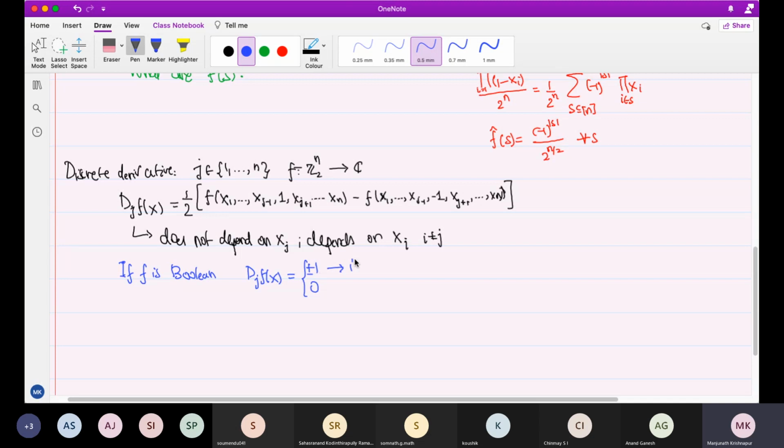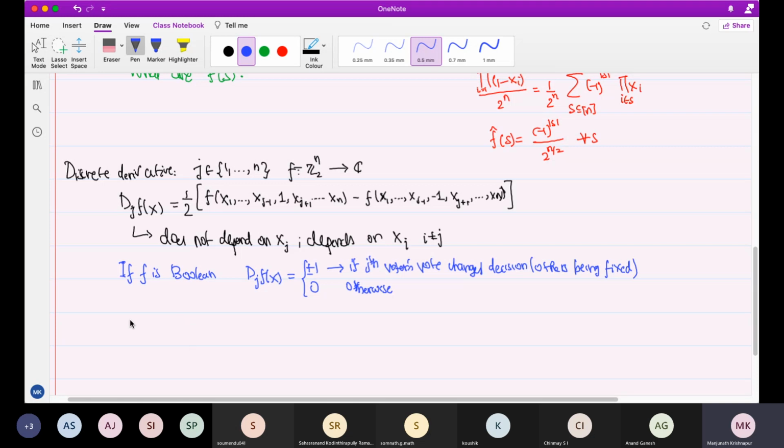So this is nonzero if the jth voter's vote changes the decision, when the others are fixed, and 0 otherwise.